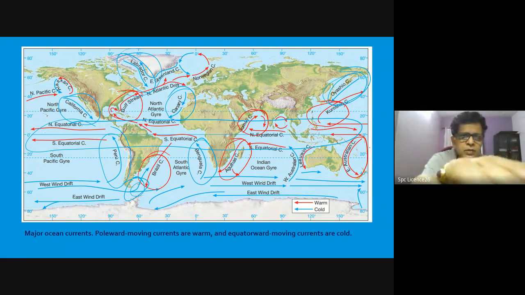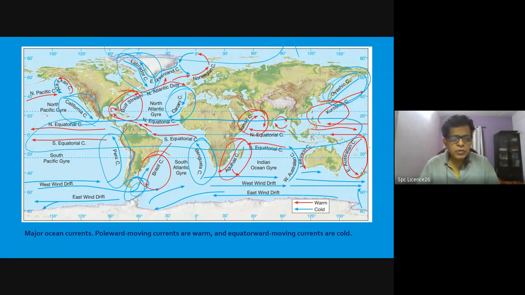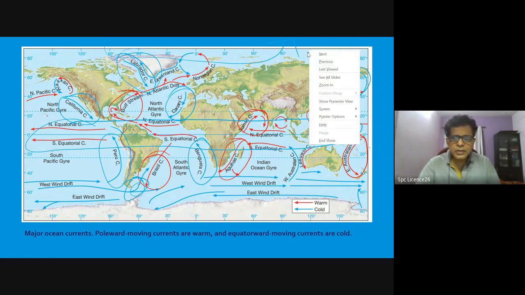The earth rotates from the west to the east, and you'll see that objects on the surface of the earth, particularly oceanic waters, tend to be deflected from the east to the west, and that originates the ocean currents. If the earth had not been rotating, a hypothetical condition, what would have been the conditions?